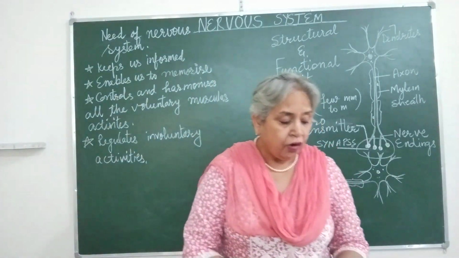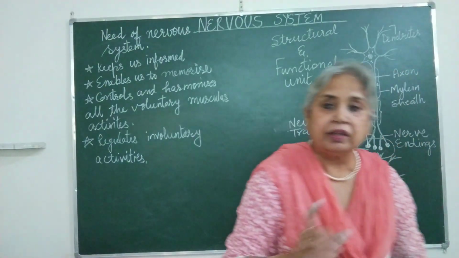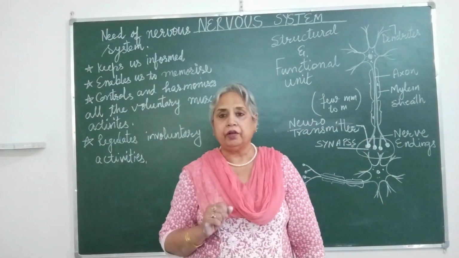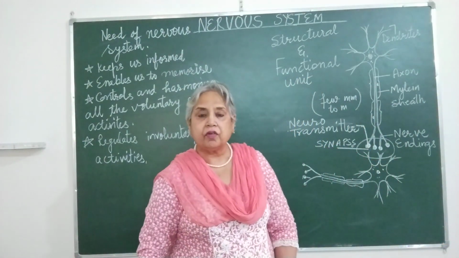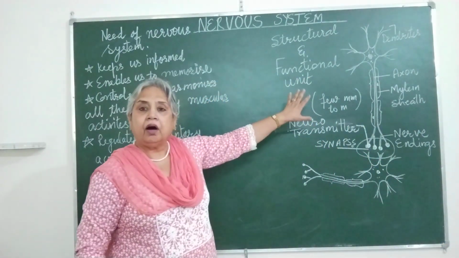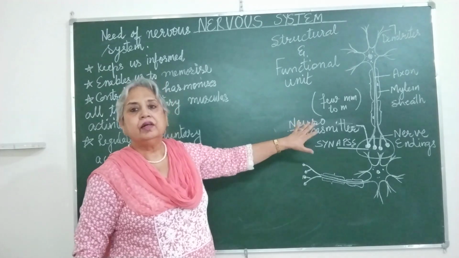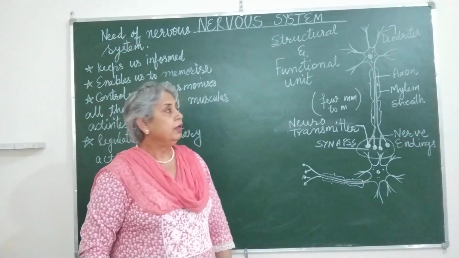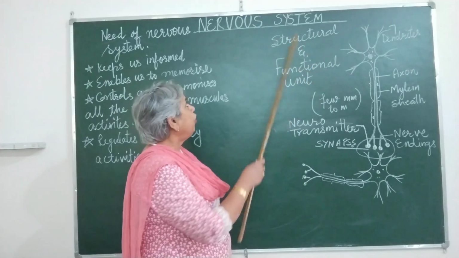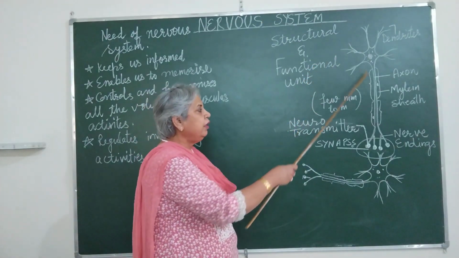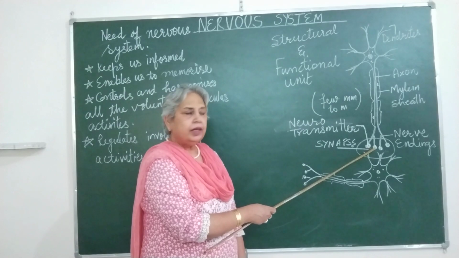And what is the basic structural and functional unit of nervous system? So our nervous system comprises of a very large number of cells called neurons. Okay? So structural and functional unit of nervous system is a neuron. Okay?